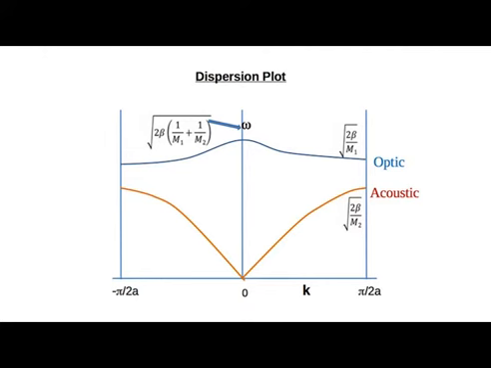So, that is the red branch in the dispersion plot. With the omega plus branch you will plot the blue line, which ranges from root of 2 beta into 1 by m1 plus 1 by m2 to root of 2 beta by m1, and to distinguish them, we call them the optic branch and the acoustic branch.